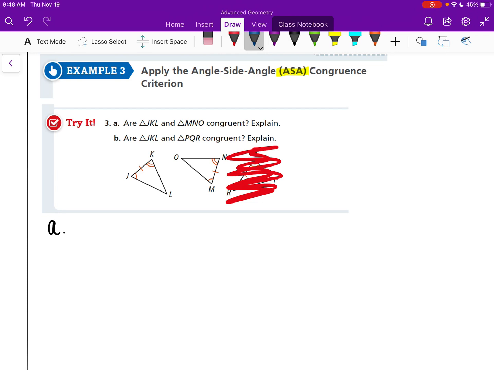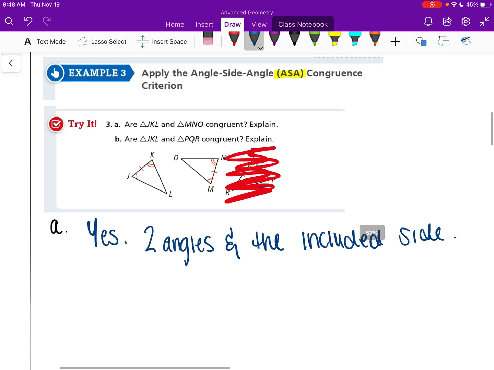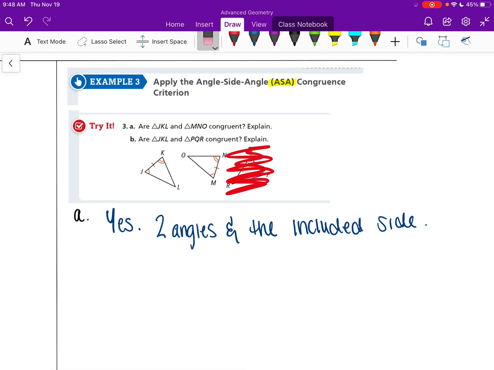So, A, are they congruent? Yes. Why? We have 2 angles and the included side. All right, like it.